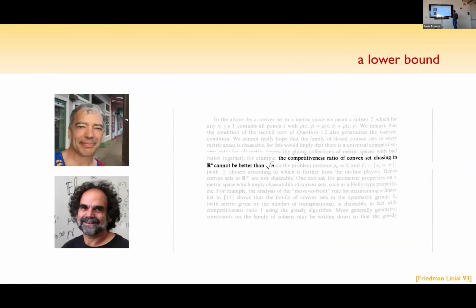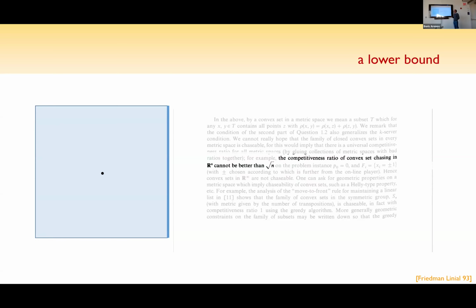So in their original paper, Friedman and Linial gave a very simple lower bound. Basically, in D dimensions, you can't be better than square root D. And it's so simple.